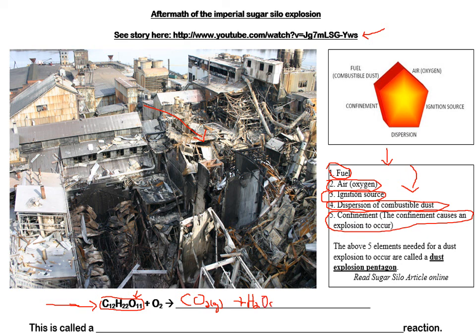There's some carbon monoxide. And there's some soot or carbon, which is solid, as well as energy being released because it's an exothermic reaction. And again, this is an incomplete combustion reaction.